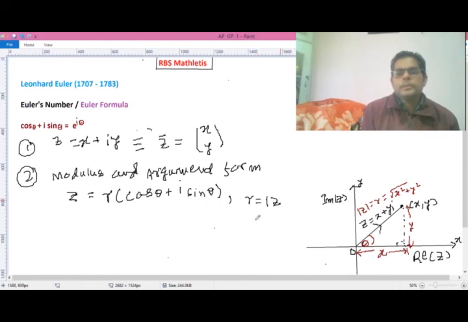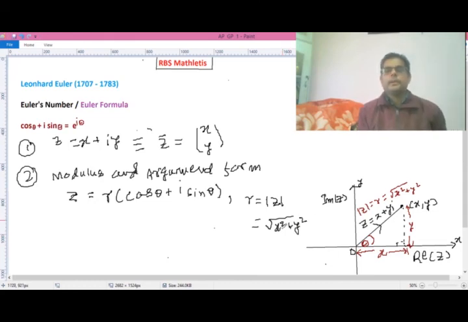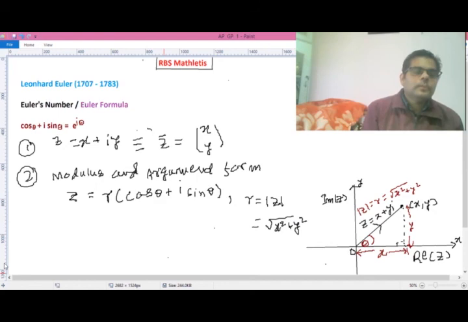And the modulus of g, just in this right angle triangle you see that the modulus, meaning magnitude of g, is in fact, by using the Pythagoras theorem, p square plus b square. So in place of p there is y, in place of b there is x, so you can write that under the root this is x square plus y square.